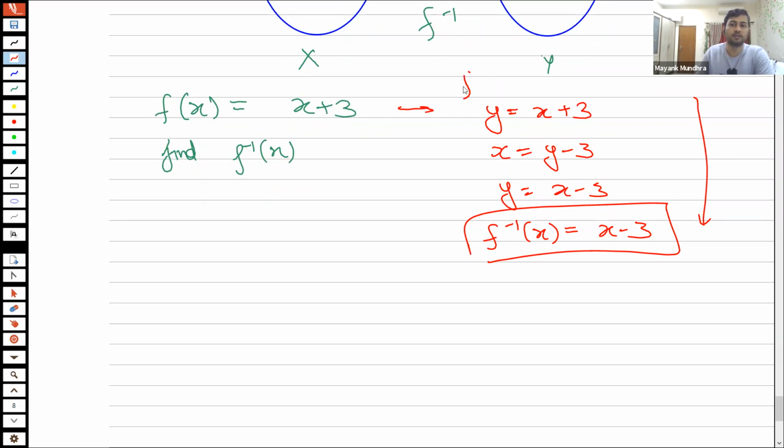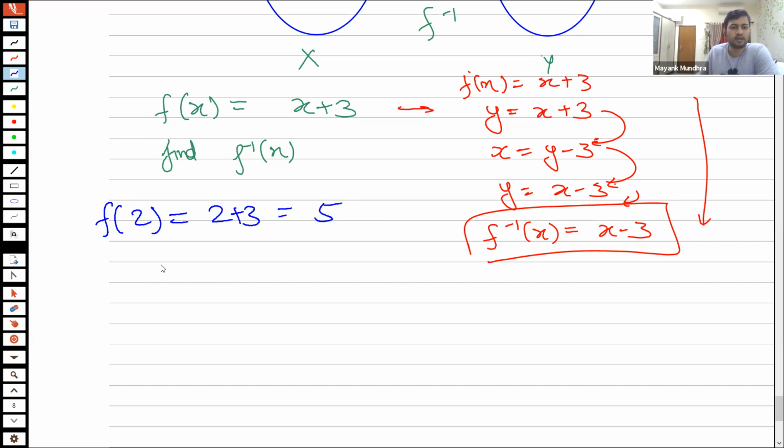Okay, you start with f of x equals x plus 3. You call f of x as y. Then you rearrange. After rearranging, you just rename x and y, and then you report. Okay, so f of 2 is 2 plus 3, which is equal to 5. Now f inverse of 5 should be equal to 2.